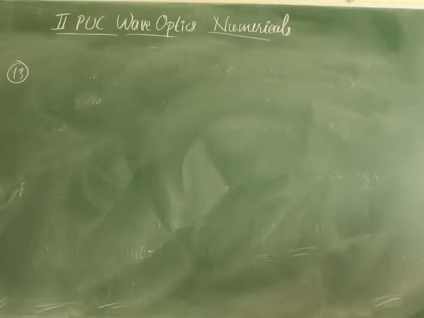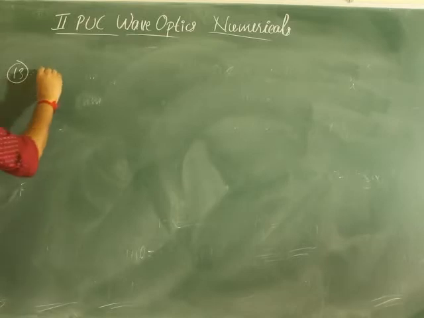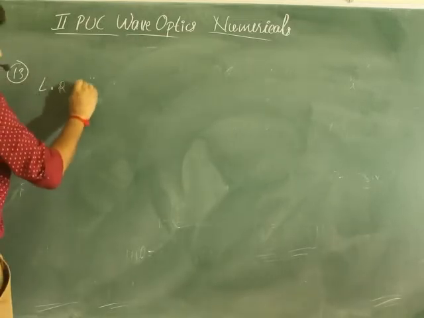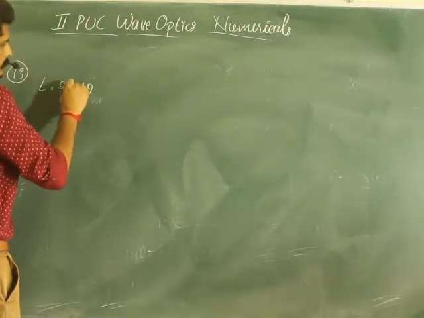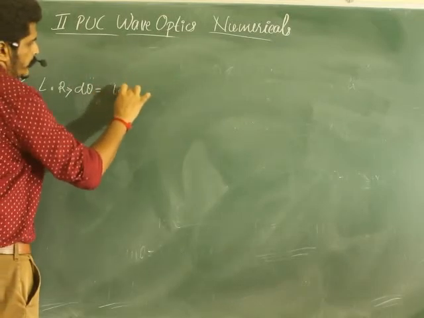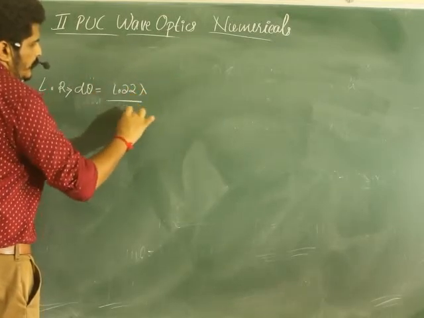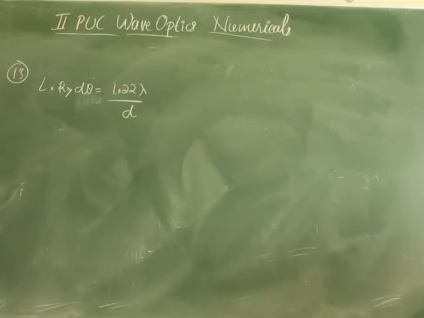So limit of resolution, of course, is for a telescope. So telescope limit of resolution d theta equal to 1.22 lambda divided by d, correct? The objective has diameter of 100 inches given. So inches, in meter how to write down?